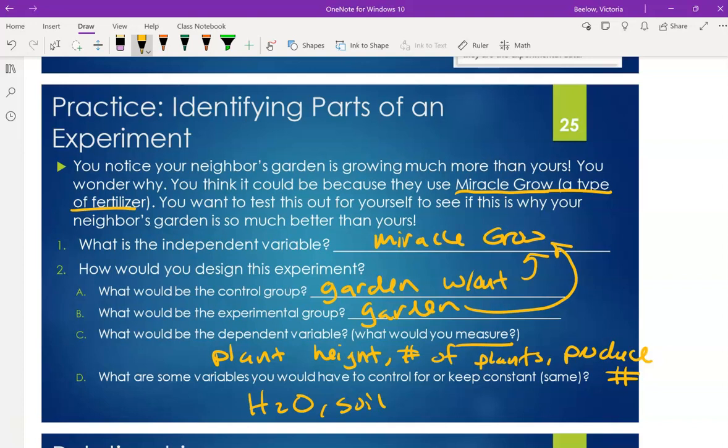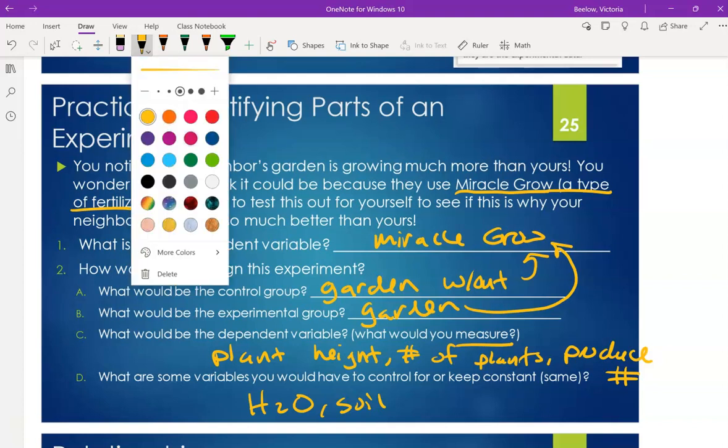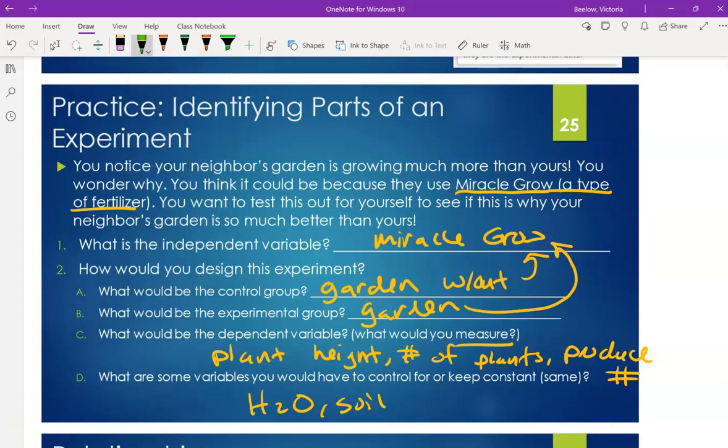So the independent variable, what you are testing in this experiment, is the Miracle-Gro, right? That is what you are testing. So if you are testing this on your garden, you would probably have two gardens. One garden would be the control group, and that would be the group that does not get what you're testing, which is the Miracle-Gro fertilizer.